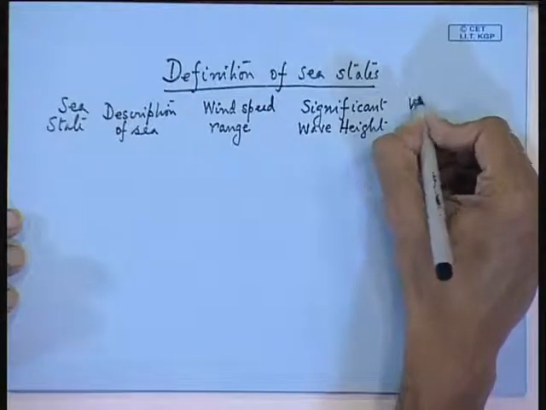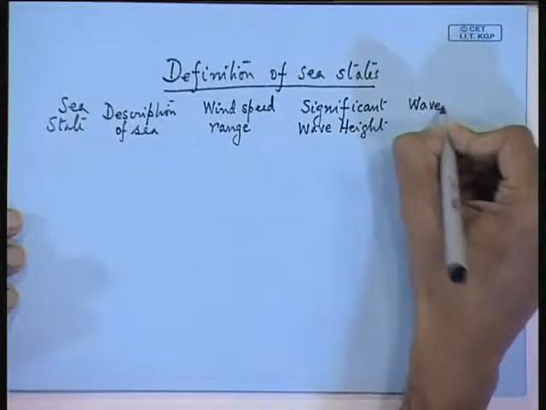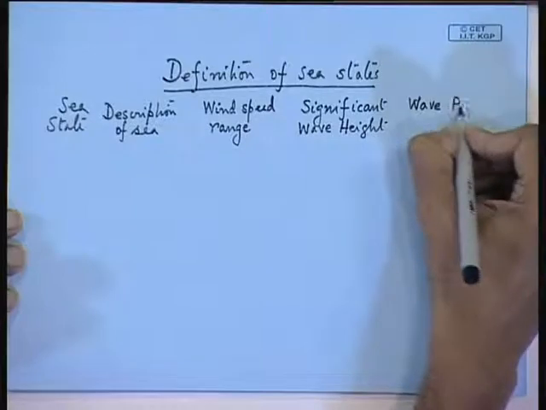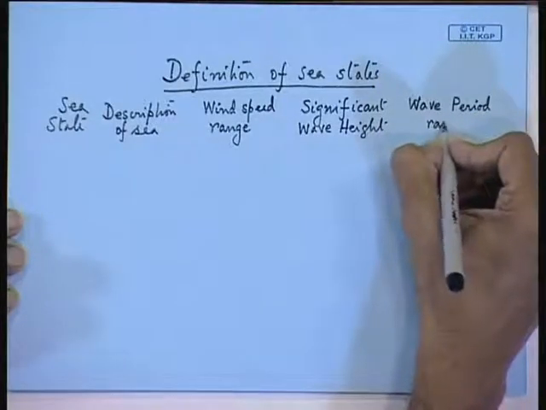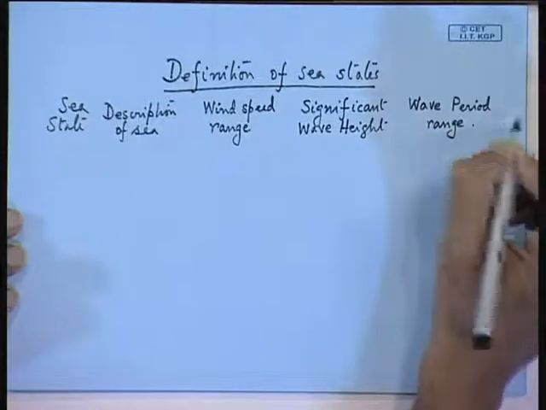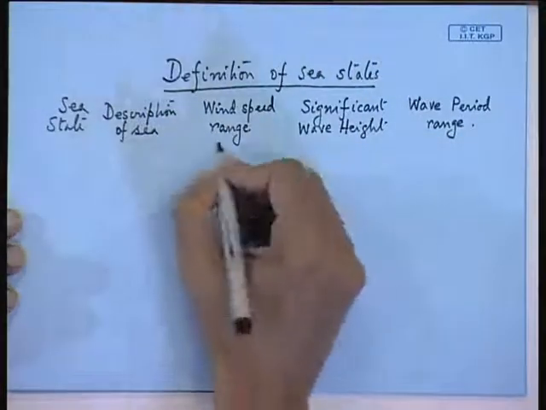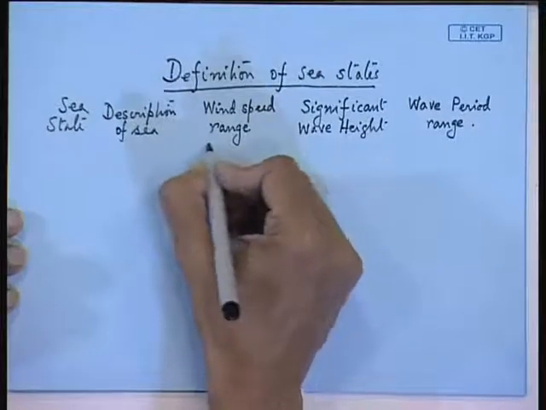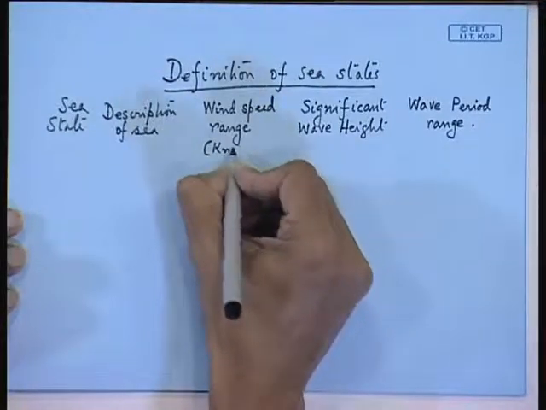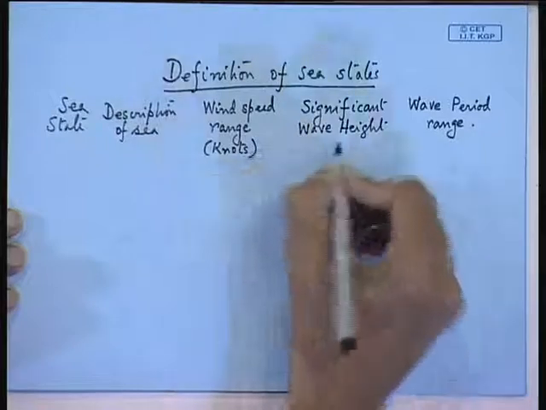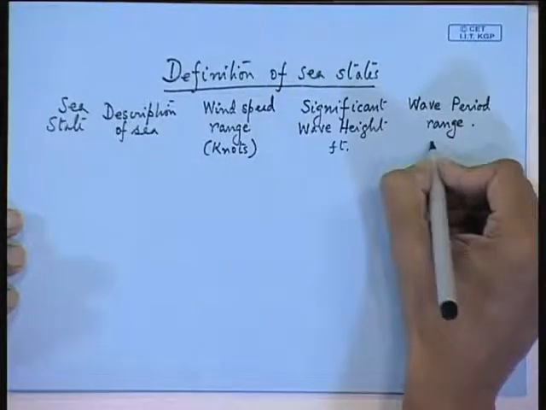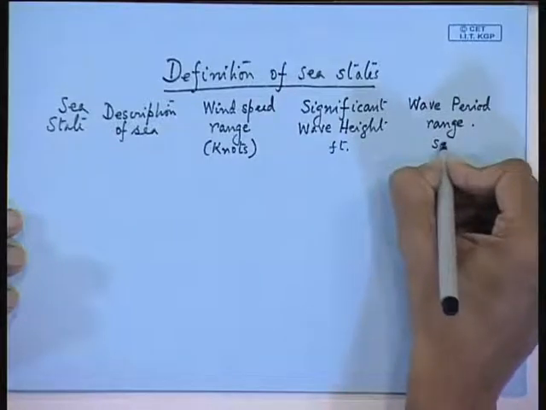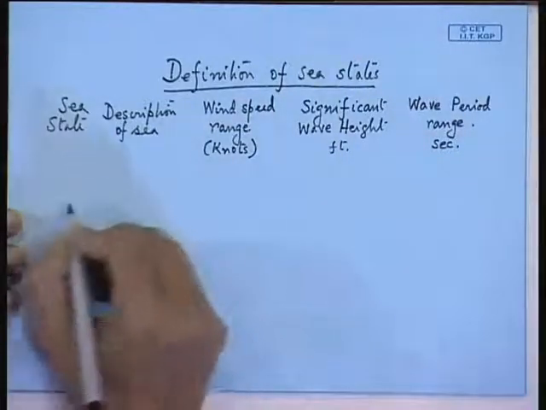In this table we have given a wave period range. Normally the wind speed is given in knots, and the wave height is given in feet, which you can convert into meters, and the period is given in seconds.